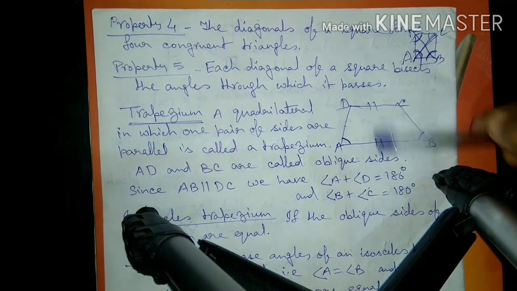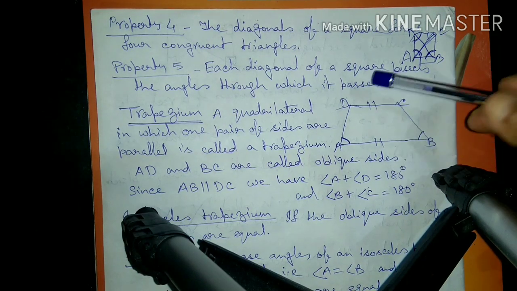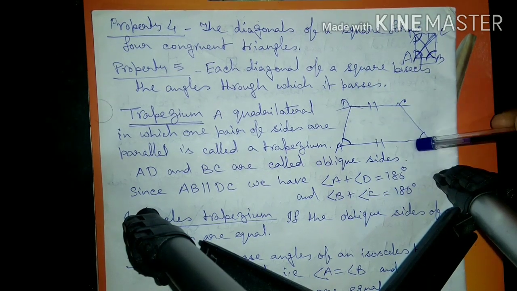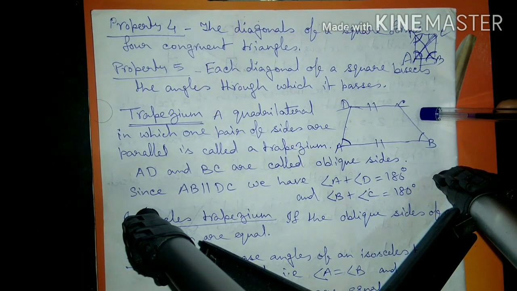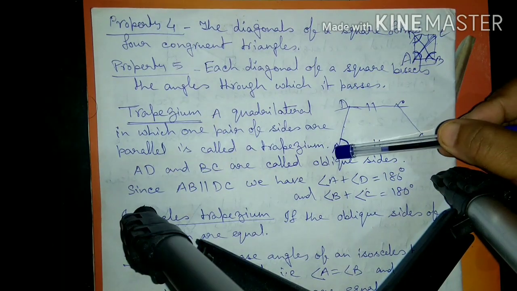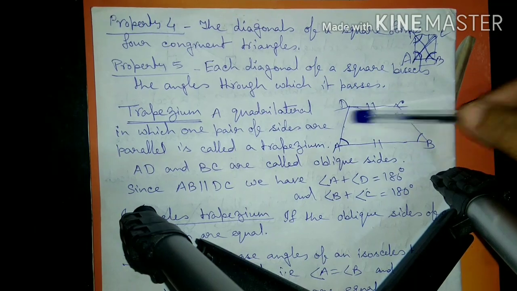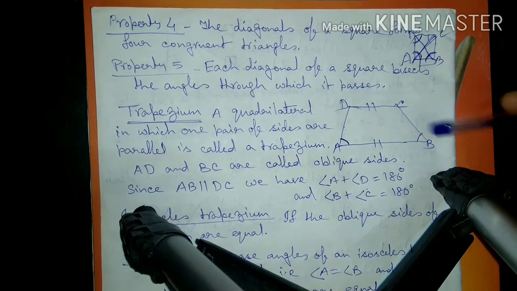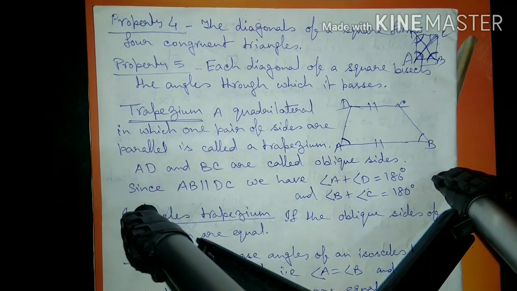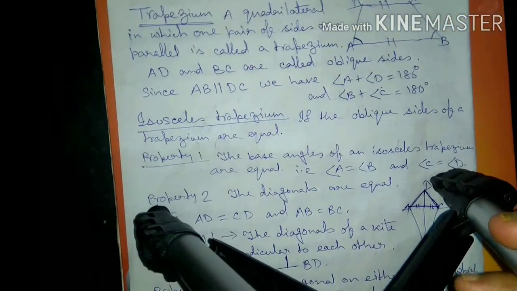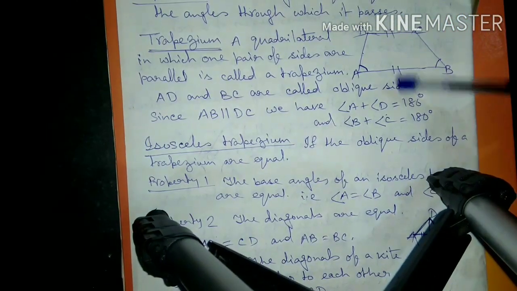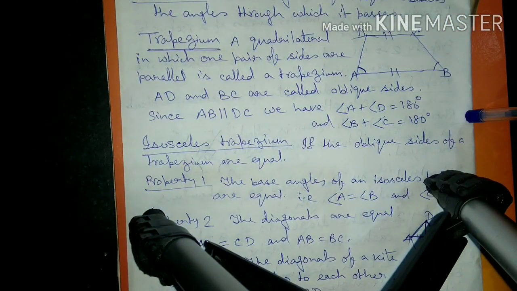Then that is called a trapezium. Like what? AB is parallel to DC. You can see in the figure also. Is AD parallel to BC? No. So those opposite sides which are not parallel to each other are called oblique sides.